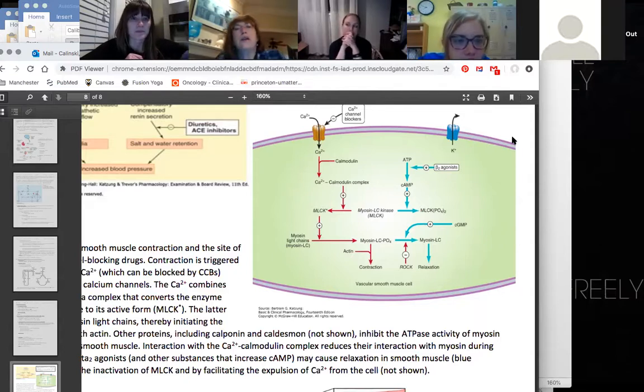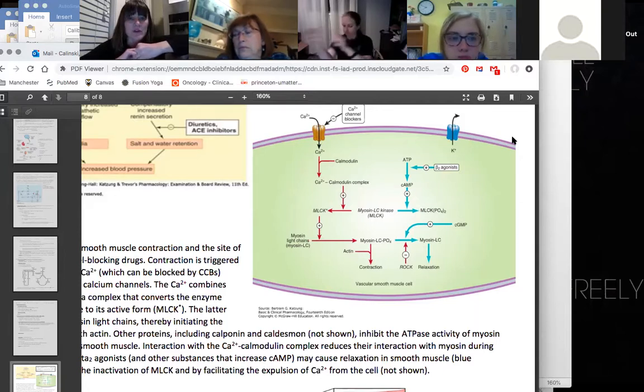For example, how detailed do we need to be in terms of knowing which ions come in at what time to cause the depolarization or the repolarization? Or is the concept good enough? I'm trying to think. That would be from the more recent stuff, like the neuro stuff.